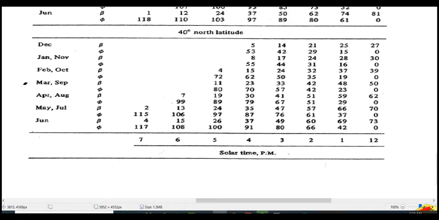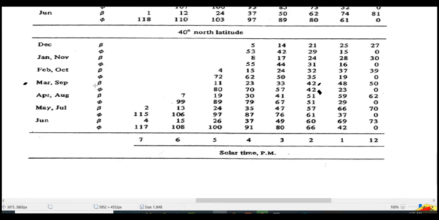So considering the problem, we have March, so that will be 2 o'clock. So we have your given value here. Then we have your angle. For the solar altitude, that will be 42, and for the solar azimuth angle, we also have a value of 42.